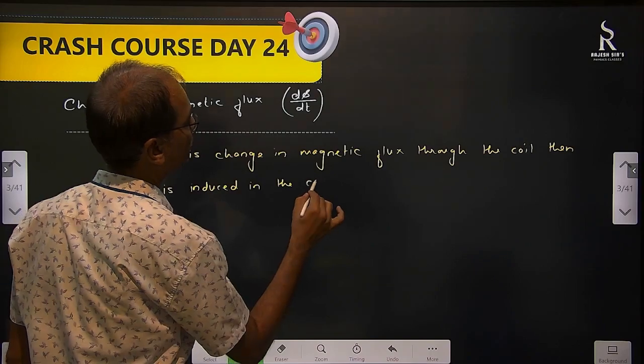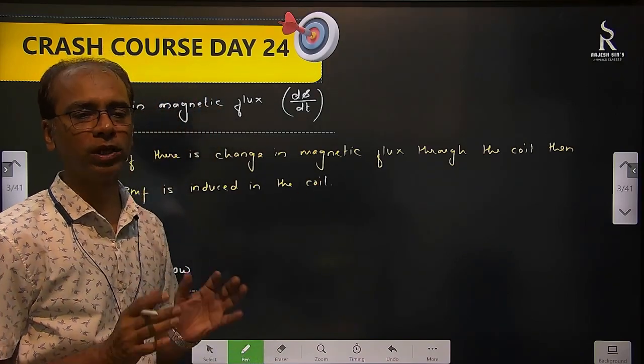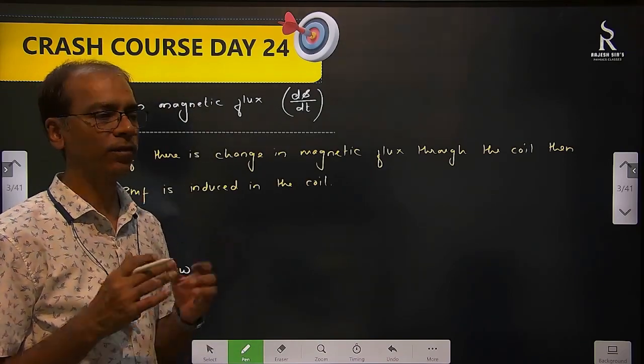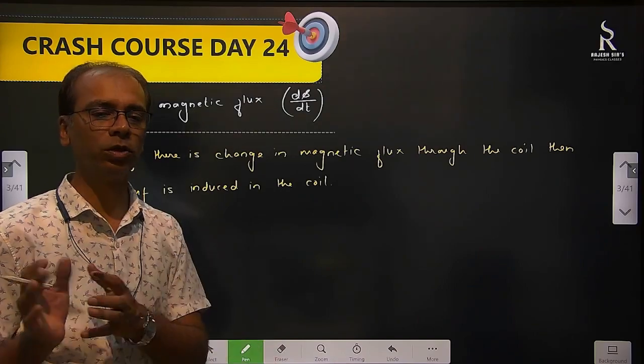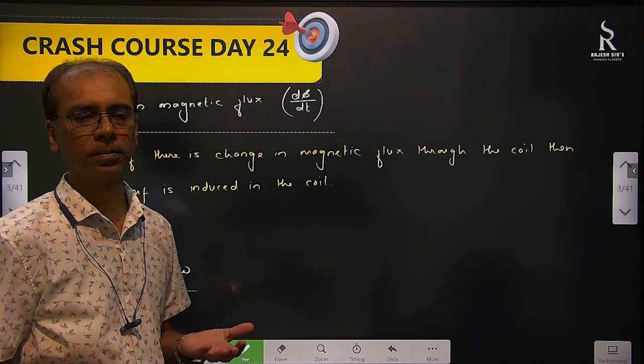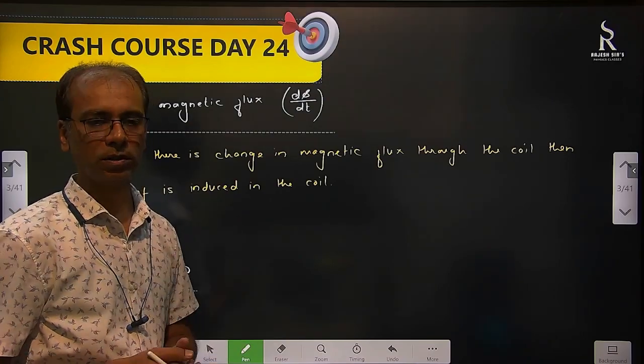Okay, now the question is why it induces. The reason for that is if you are going to change anything, then there is always an opposition. Like if a body is at rest, when you want to suddenly move it, it opposes. That's what we call inertia. Right? Same way here, you want to change the flux, then there is opposition.